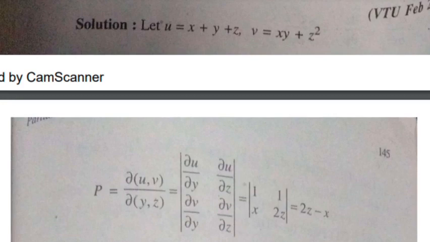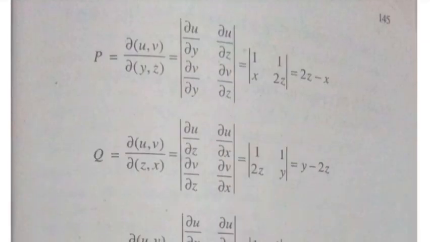Put the determinant, find the partial derivatives and substitute. You will get y − 2z. Similarly, you find R, and you will get x − y.